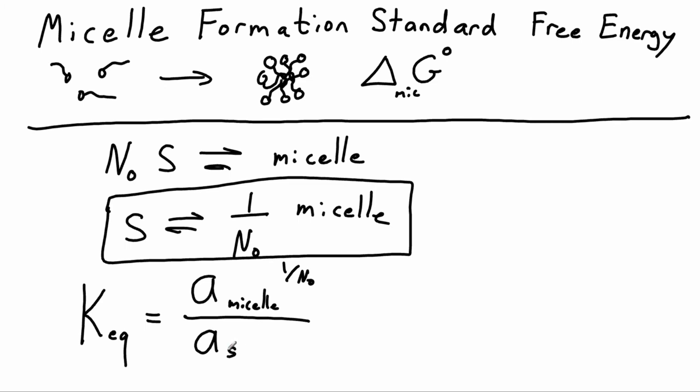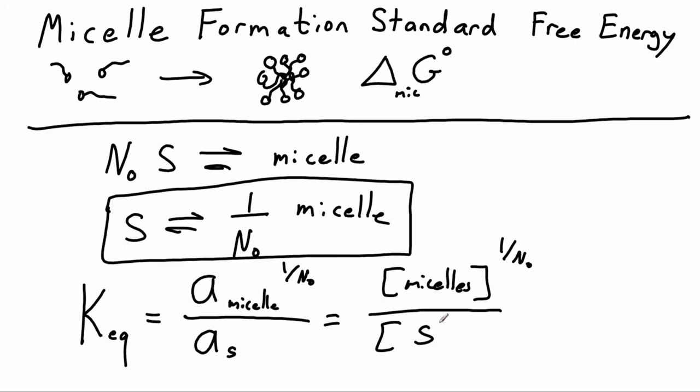And typically we are going to assume ideal behavior. If we assume ideal behavior, we can say we've got the concentration of micelles to the 1 over N naught, all over the concentration of surfactant.